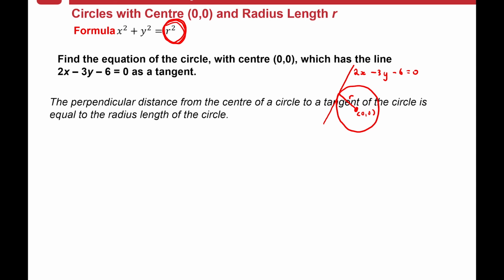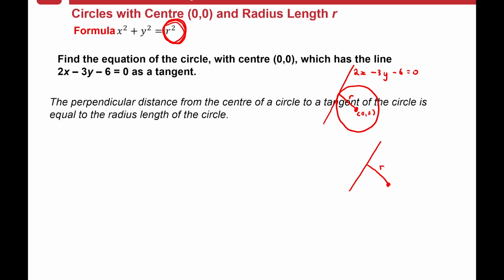Well, the perpendicular distance from the center of a circle to a tangent of a circle is equal to the radius of the circle. So you can see this here in our diagram. We have a line, we have a point, we know the tangent is perpendicular to our radius.